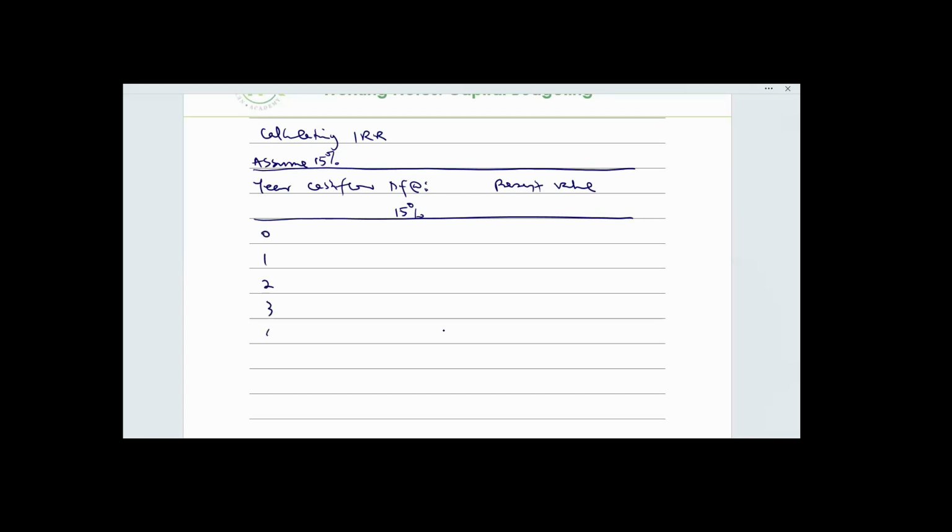In this case, I will change my format for calculating the NPV. I'll create columns for year, cash flow, discount factor at 15%, then present value. Presentation is very important. Year 0, 1, 2, 3, 4.